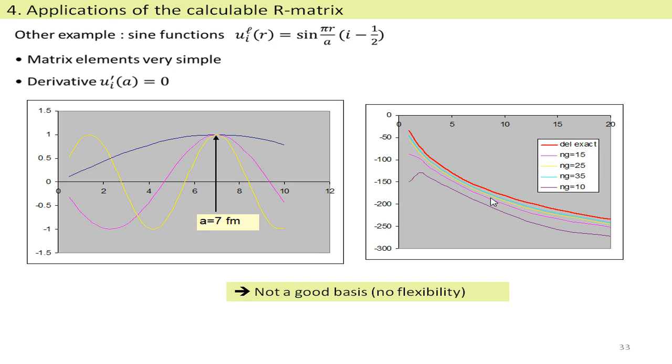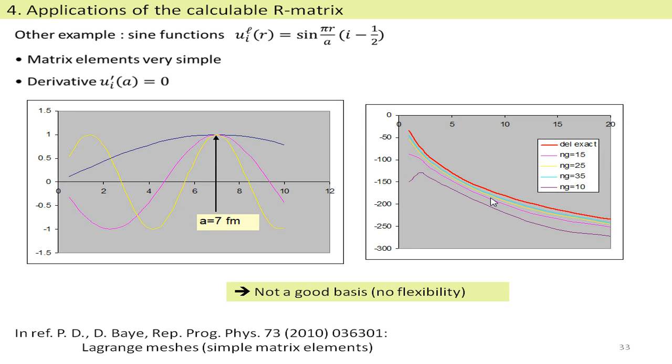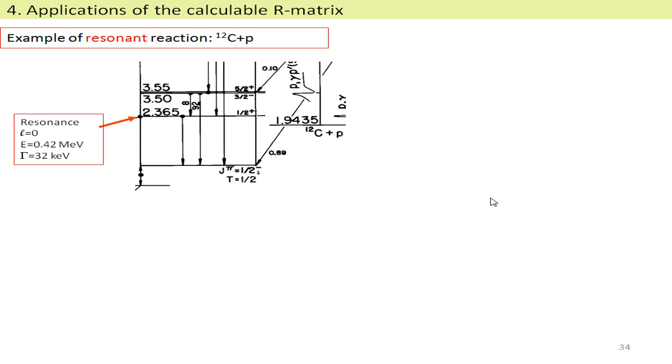You always have zero derivative. In our recent review paper, we have presented the Lagrange mesh functions, and I will show you in a moment for CDCC. The Lagrange mesh is a kind of basis functions which is well adapted to this kind of calculation. So this was an example of non-resonant calculations.